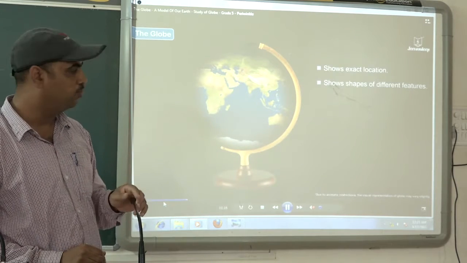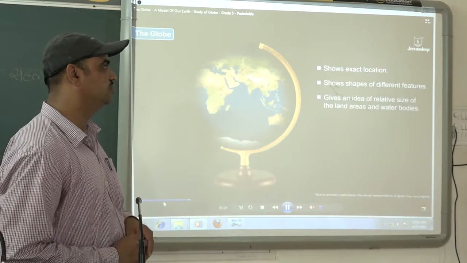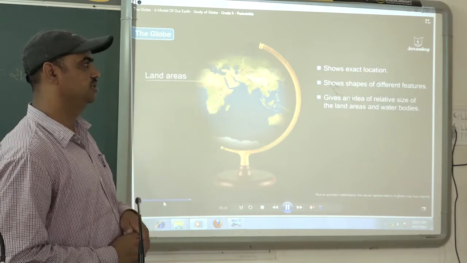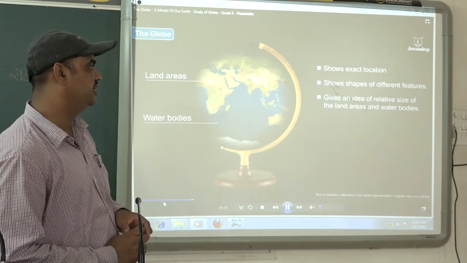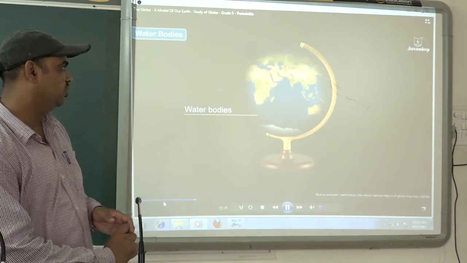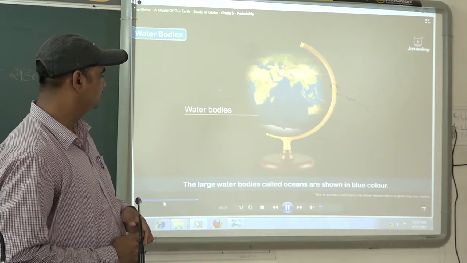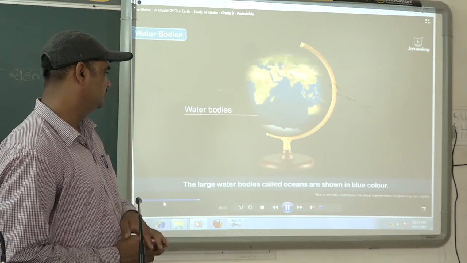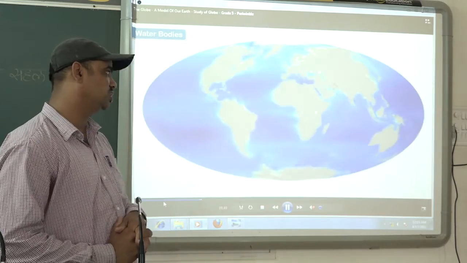So what is shown on the globe? Those are the points we have covered: it shows exact location, shape of different features, and gives an idea of the relative size of land areas. Water bodies are shown with blue color on the globe. We have different water bodies like Indian Ocean, Pacific Ocean.